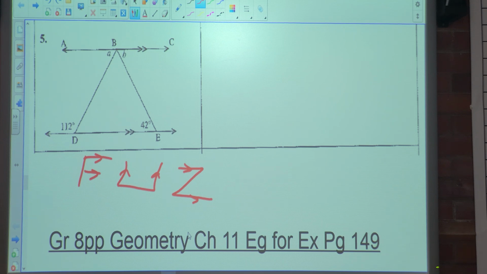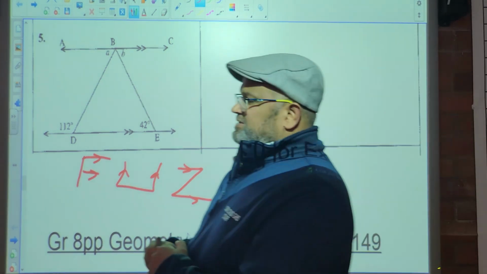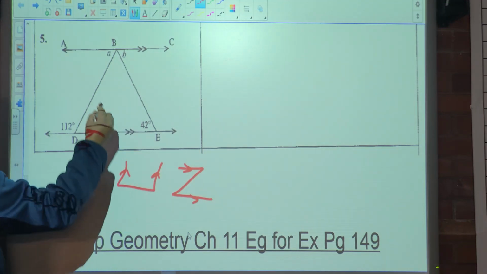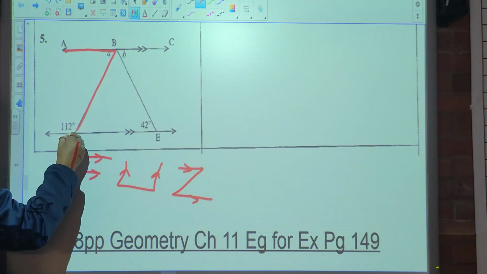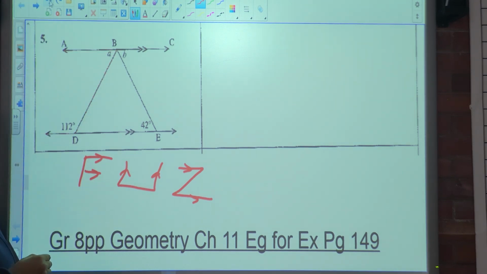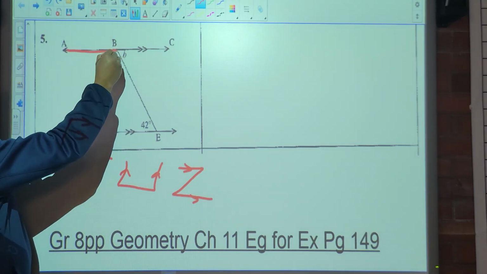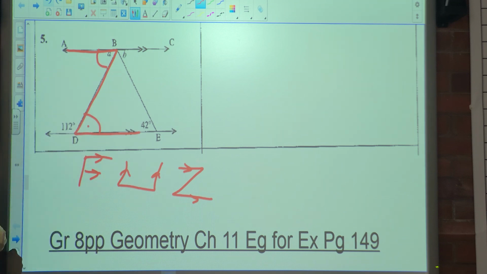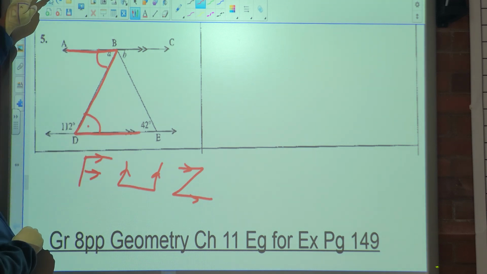So, are we going to solve for A? Can you all see the U here? These co-interior angles. Not an O, a U. If you look at A, there's the Z. There's no marking there, so it's not going to make a difference.